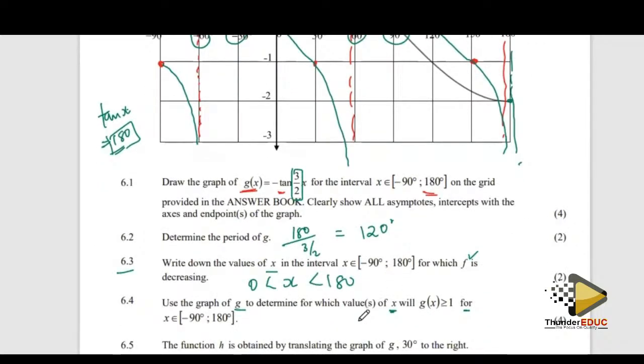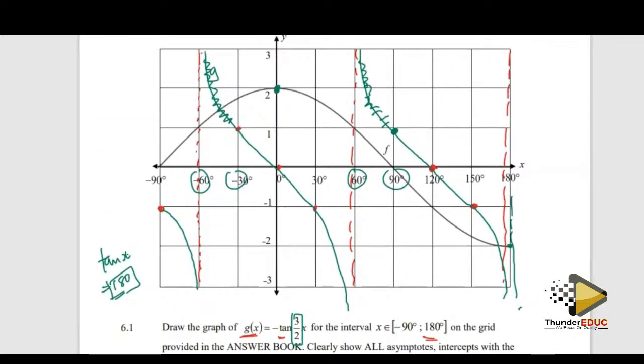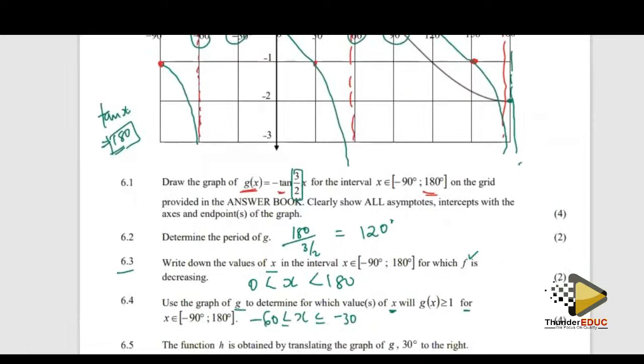So we're saying negative 60 is less than x, and x is less than or equal to negative 30. Why am I saying equal to with 60? Come on. It's an asymptote. It's not going to cut. So that is not meant to be there. Then the other one is going to be the same story. We have 60 is less than x, and x is less than or equal to 90. Something like that. We'll give you the memo.